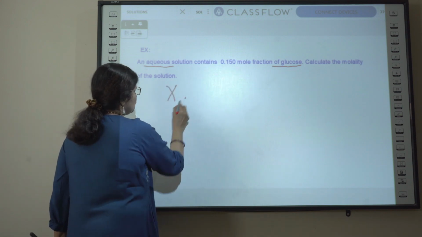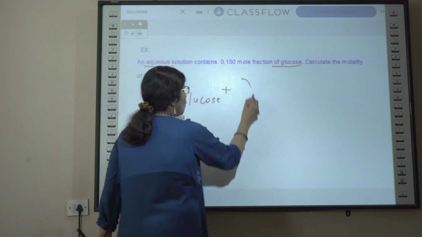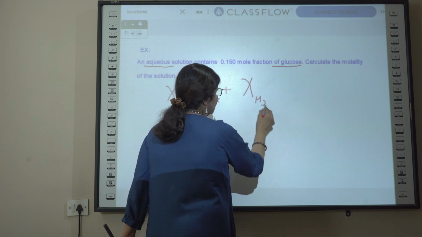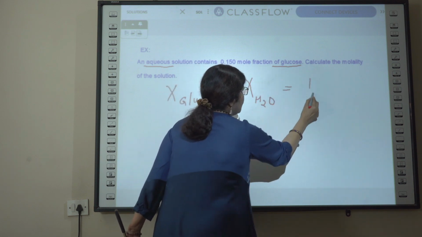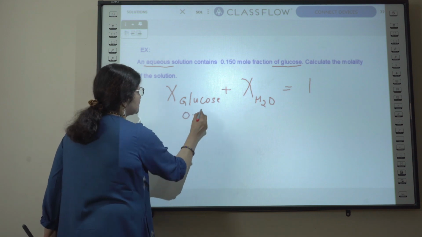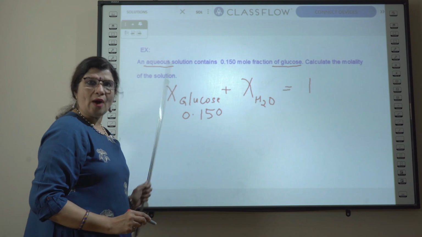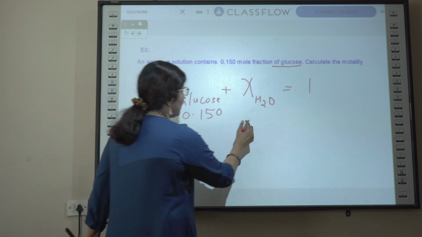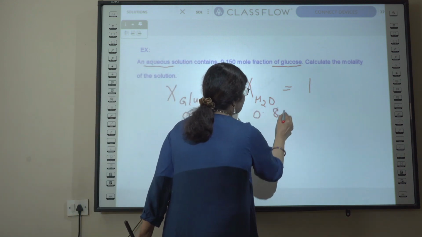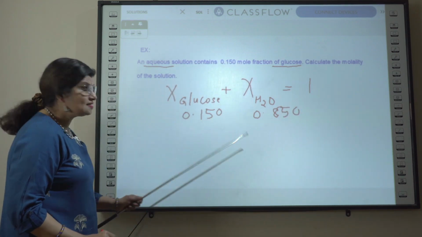You know that mole fraction of glucose plus mole fraction of water is equal to 1. So if the mole fraction of glucose is 0.150, the mole fraction of water would be 1 minus 0.150, which is 0.850.